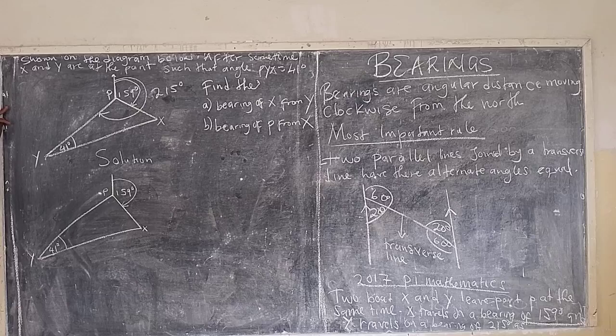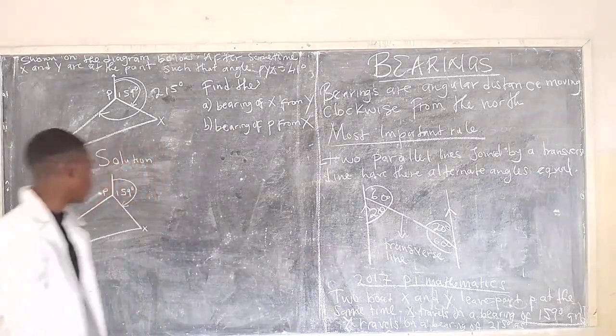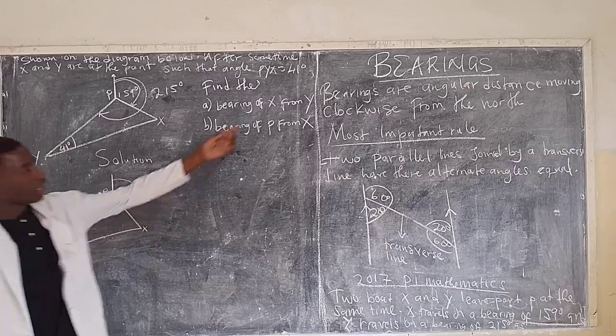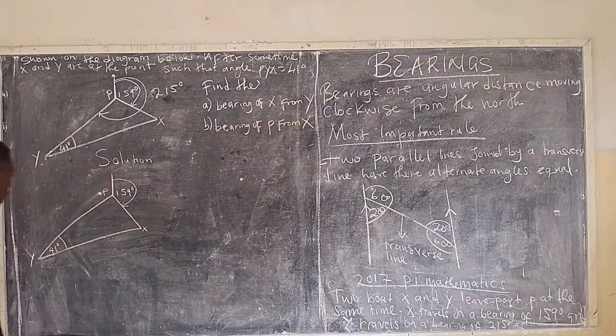The first rule is never forget this. We are told to find the bearing of X from Y. Whenever they say from Y, it means they are beginning from Y, then go clockwise until you meet your X. First we must draw, as our definition said, we begin from the north.